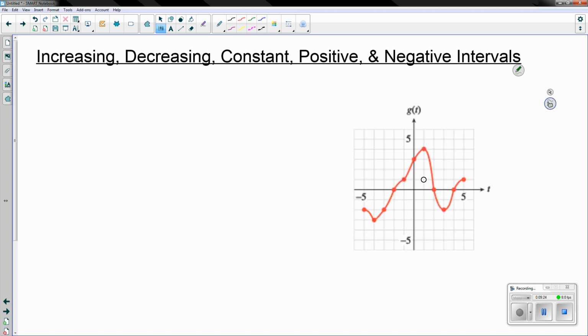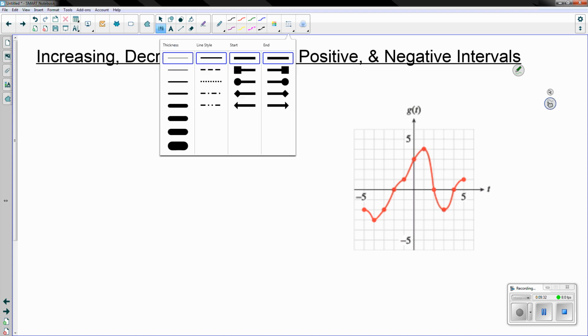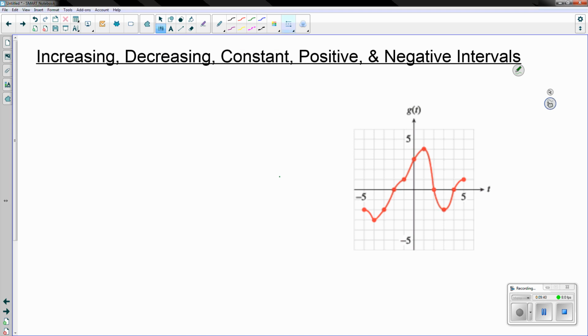Now that we have definitions and we know how to identify these 5 types of function behavior or characteristics, let's talk about, when we know what these are, what things we can deduce from a function graph without actually seeing a picture.